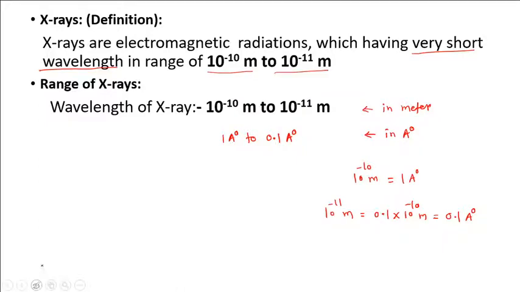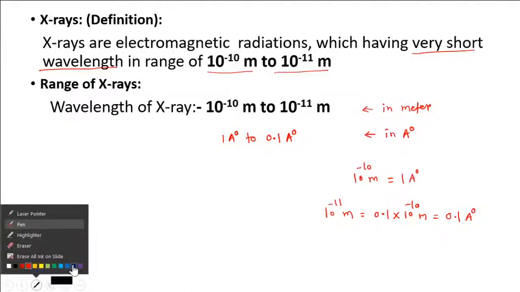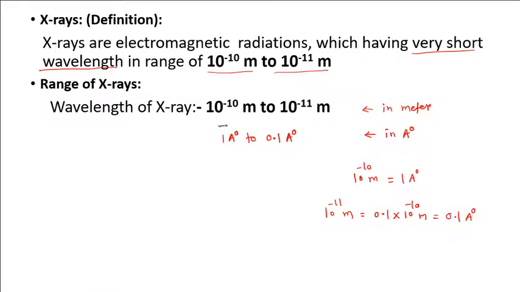So the range of wavelength of X-rays in angstrom unit is 0.1 to 1 angstrom unit. So this range of wavelength is equivalent or equal to the size of atom.